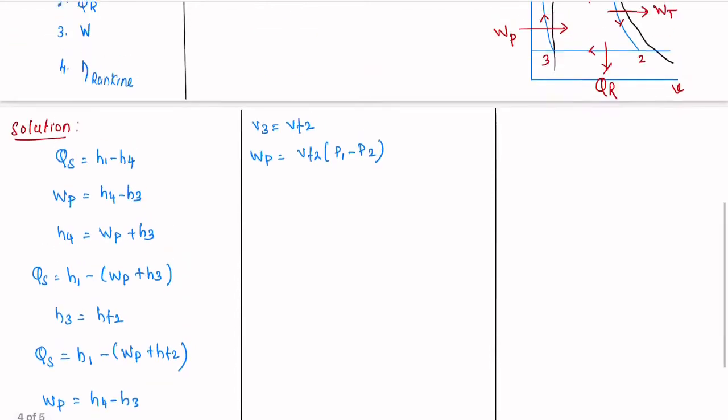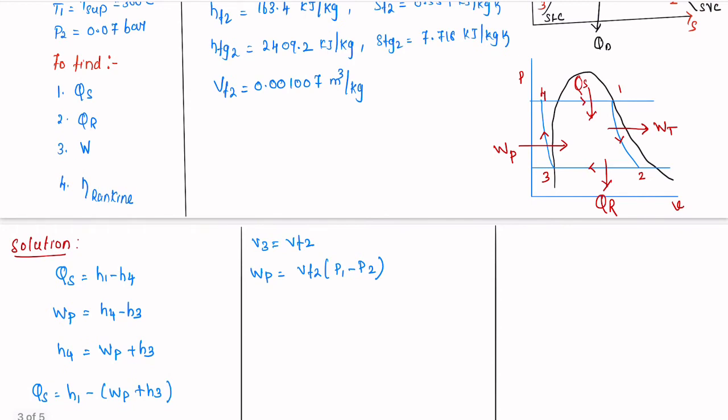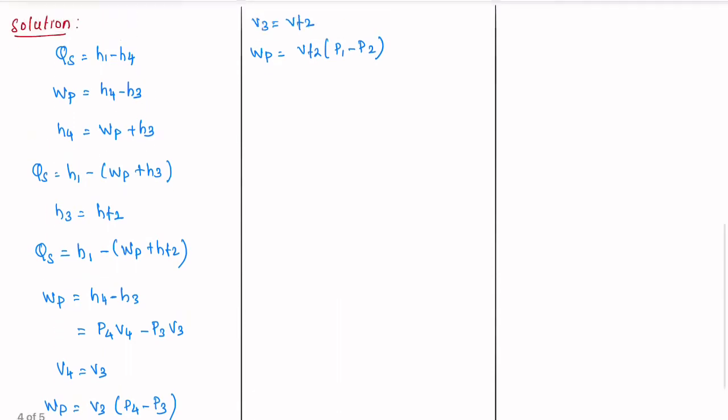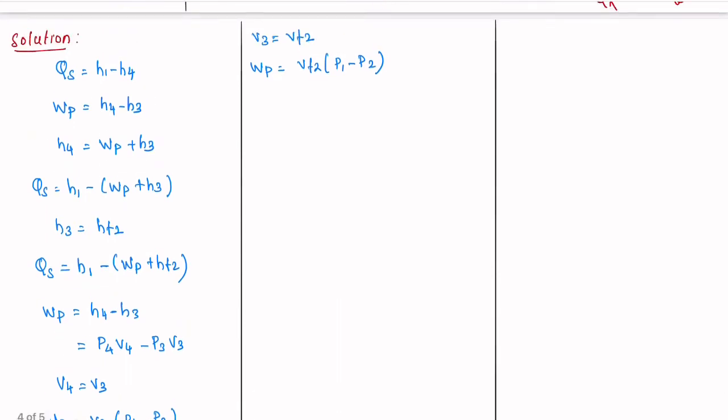From the PV diagram, you can see the pressure P4 is equal to P1 and P3 is equal to P2. Therefore, we can write P4 as P1 and P3 as P2. Therefore, the value of Wp is written as Vf2 into (P1 minus P2).